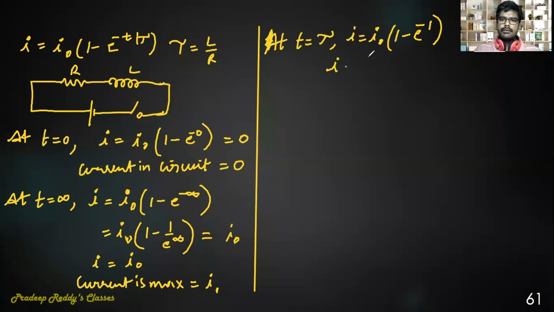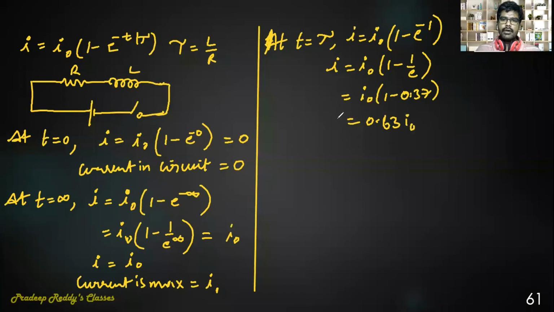I is equal to I naught into 1 minus 1 by e. This is I naught into 1 minus 0.37, which is equal to 0.63 times I naught. From this, you can confirm that current increases with respect to time.